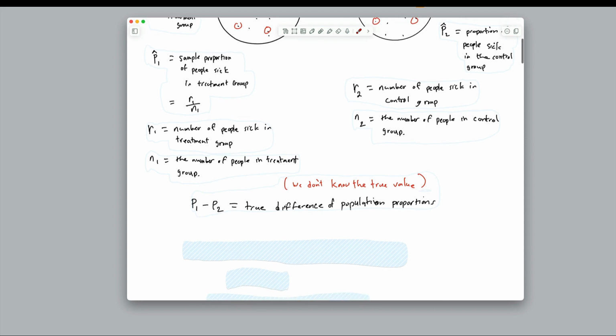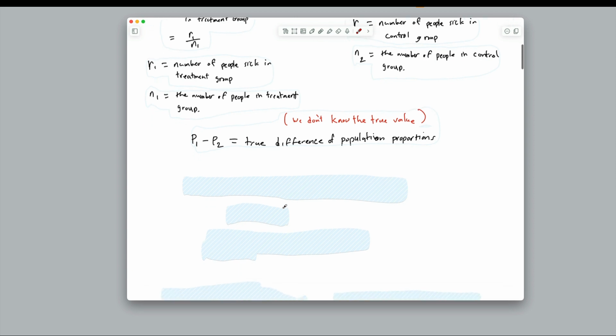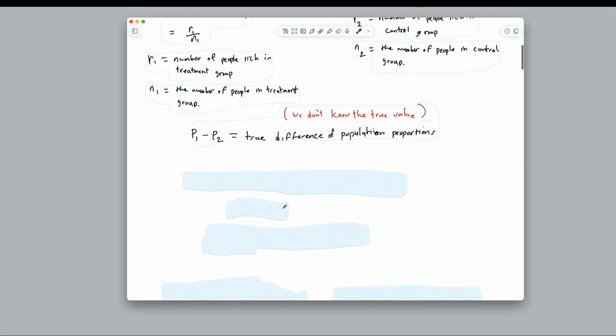We do that using a confidence interval. As you've been seeing, a confidence interval is a point estimate adding and subtracting off a margin of error. And there are 3 ways to represent this. Our point estimate is just going to be the difference of sample proportions, p hat 1 minus p hat 2.